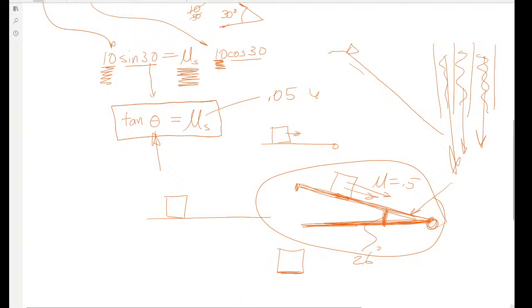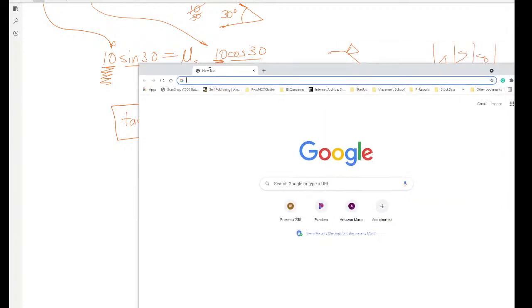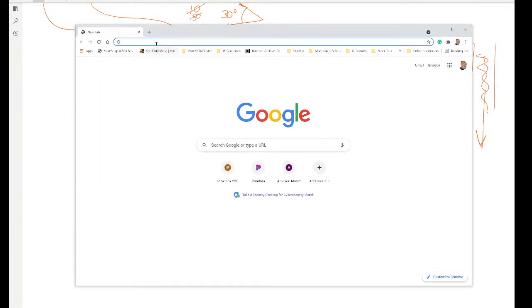Let me see, just out of curiosity. The computer is really bogged down. I'm not sure.